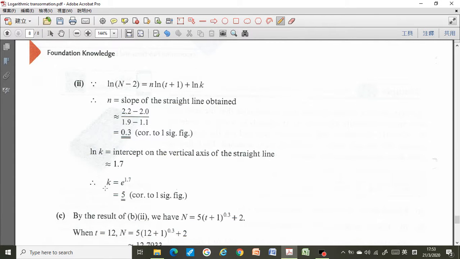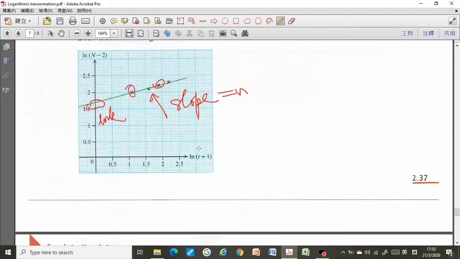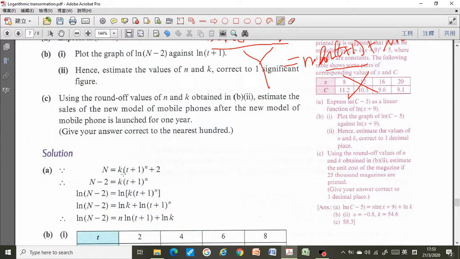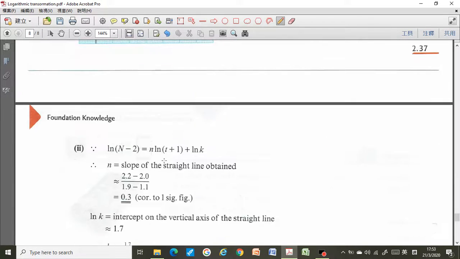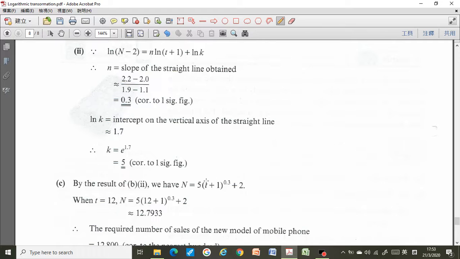Remember, you must find out the k, so k is equal to e to the power 1.7, so you get 5 correct to 1 significant figure. So the whole expression you put back in here. N is equal to 5 times (t plus 1) to the power 0.3, plus 2. So we get this expression.